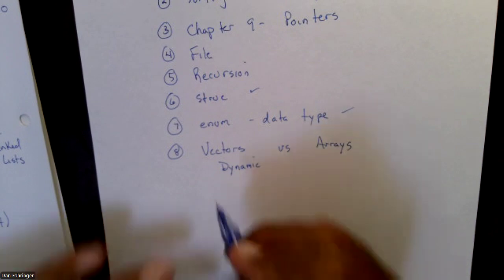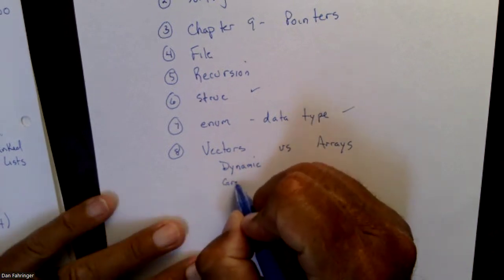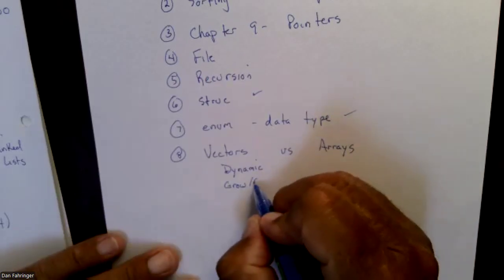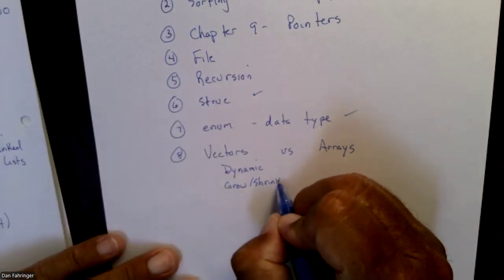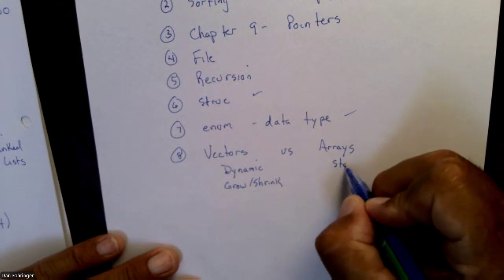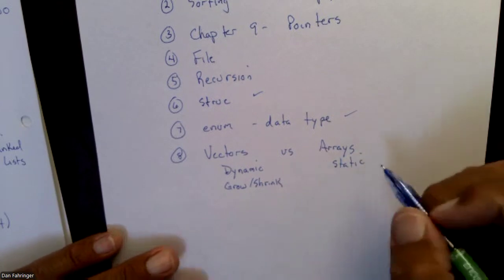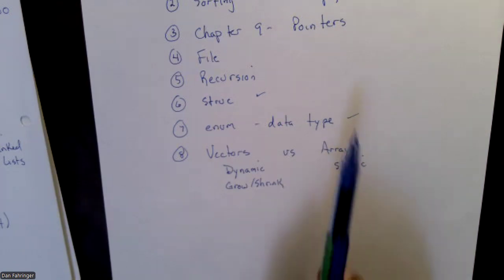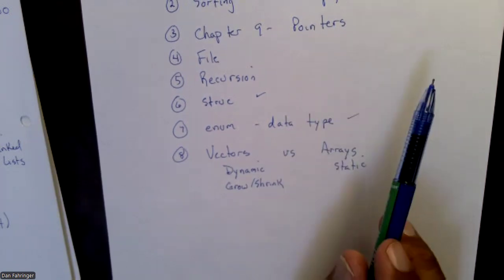Dynamic in that this would grow if I needed more memory, or I could shrink it if I needed to and use less memory. This guy, an array, was static. Okay. And once we determined the size, it stayed the size. Now, this is kind of all one big ball. As we go through this semester, we're going to be creating data types.